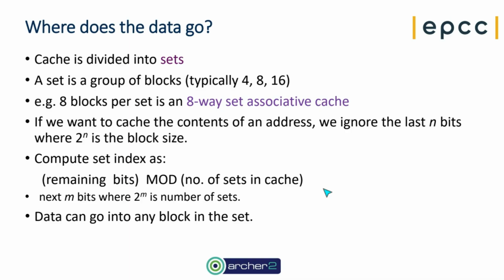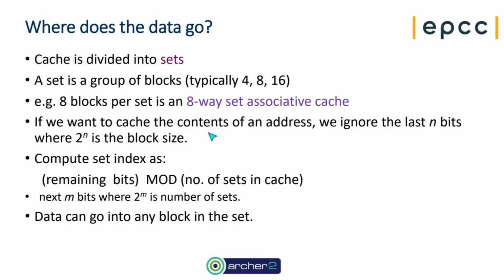So where does the data go? Well, the cache is divided into sets, where a set is a small group of blocks, typically 4, 8, or 16 blocks. The terminology you'll see here is that if there are 8 blocks in a set, then it's called an 8-way set associative cache.